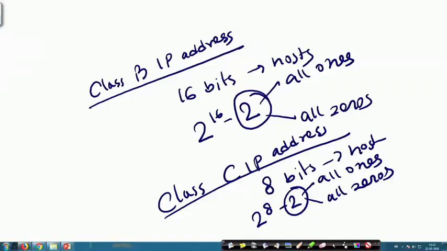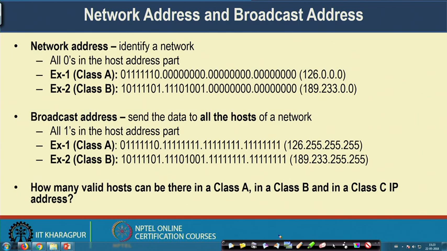All ones at the host address part is a broadcast address, where the packet is forwarded to all the hosts in that network, and all zeros is a special address used to denote that particular network. The utility of this network address, we will look into when we discuss the routing procedure. Okay.